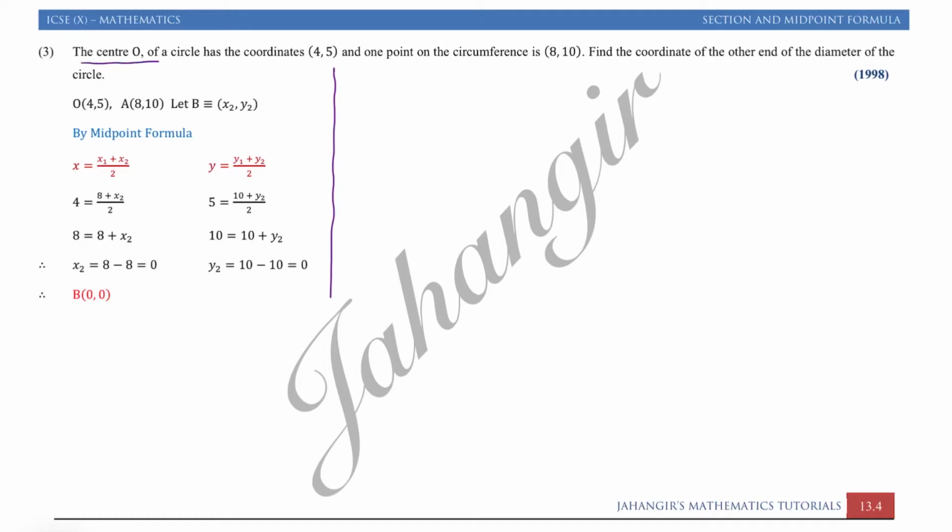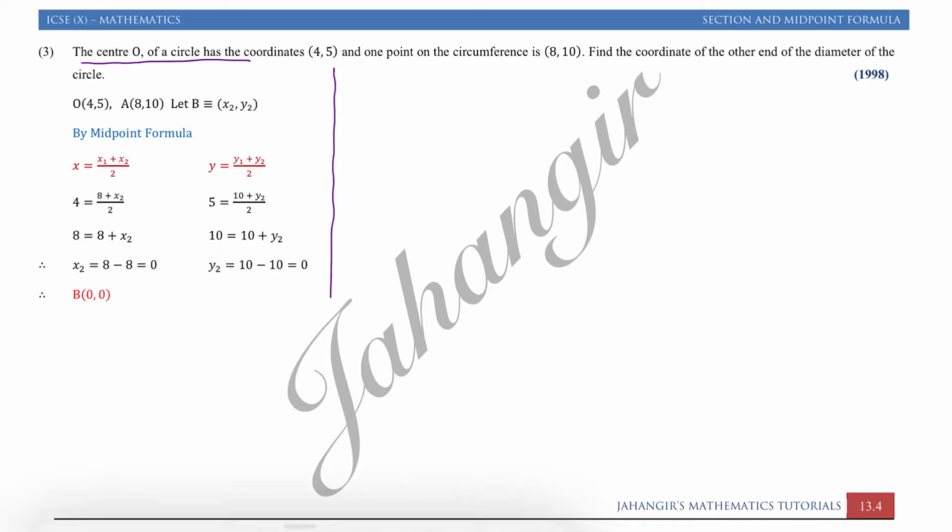Question number 3. The center O of a circle has a coordinate 4, 5. If you draw a circle, the center is given as C or O. One point on the circumference is this 8, 10. Find the coordinate of the other end of the diameter. Let's say the diameter is AB.